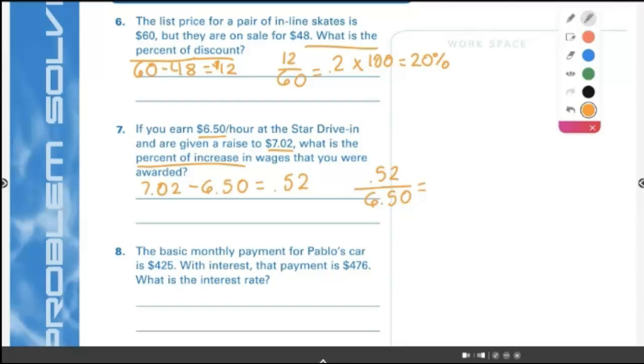What do we get? 0.08. Yes. Okay. And then if we multiply that by 100, that gives us 8%. So that's an 8% increase.